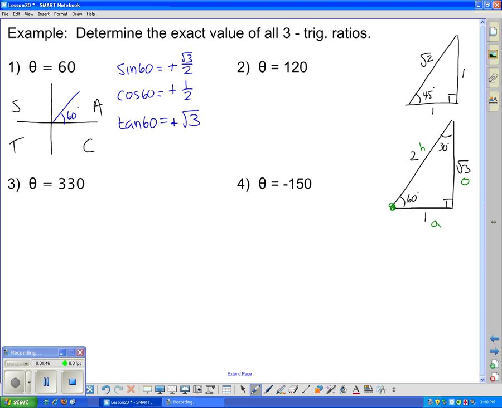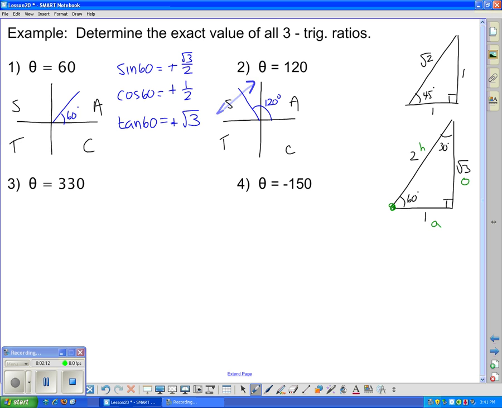All right. So that was the previous lesson on exact value. Where it changes for you is now that we're leaving that first quadrant. So again, cast rule. According to the cast rule, 120 degrees is between 90 and 180. So that means that my terminal arm is over here.